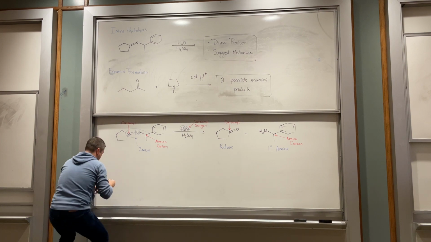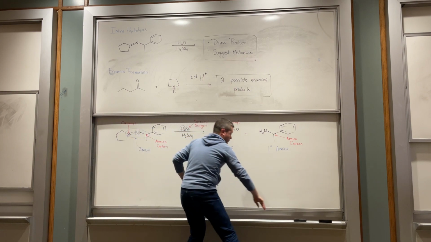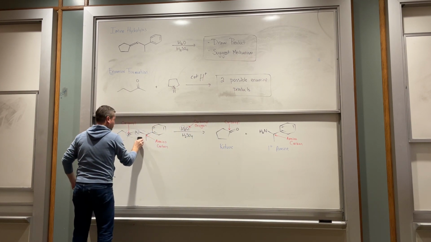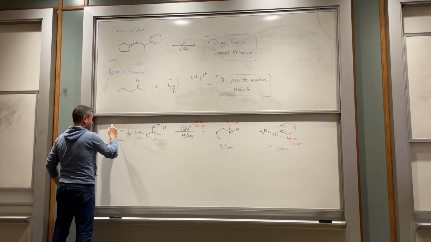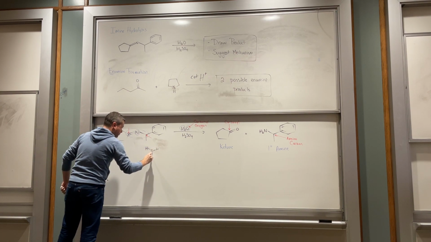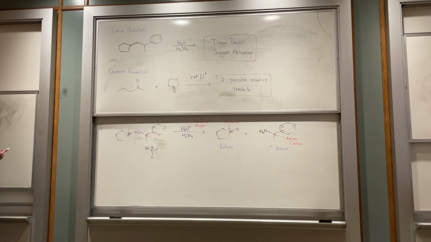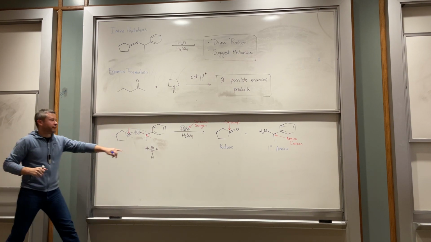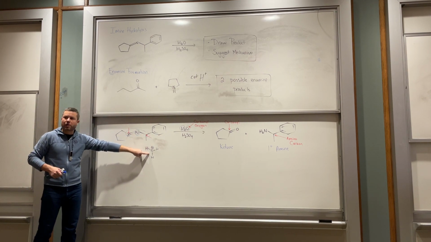So let's draw the mechanism out. Whenever we mix water and sulfuric acid, that's going to react really quickly and produce the hydronium sulfonate. So even though we're putting sulfuric acid in there, that sulfuric acid reacts with water, and so this is probably the acid that's available to us in the reaction.